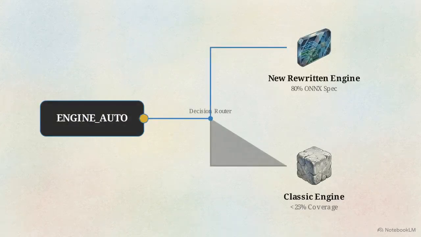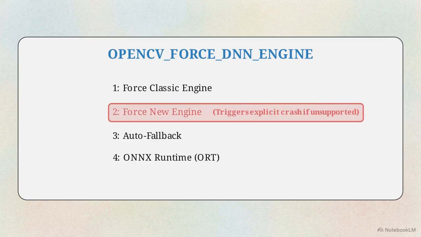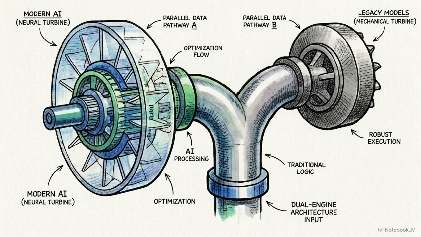If an operator is unsupported, the engine autoroutine silently reroutes the task to the classic execution path. Engineers can override this using the OpenCV force_DNN engine variable, such as using value 2 to mandate the new engine and trigger an explicit crash. This dual engine structure maintains reliability for existing production models, while providing architectural headroom for state-of-the-art AI.